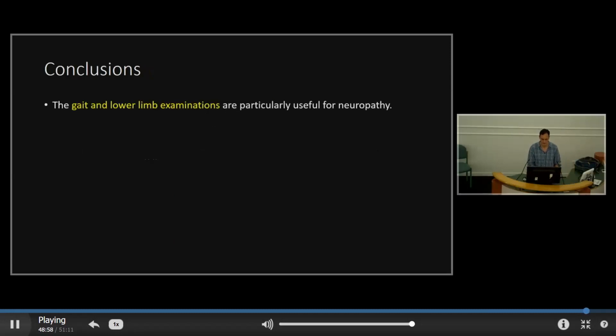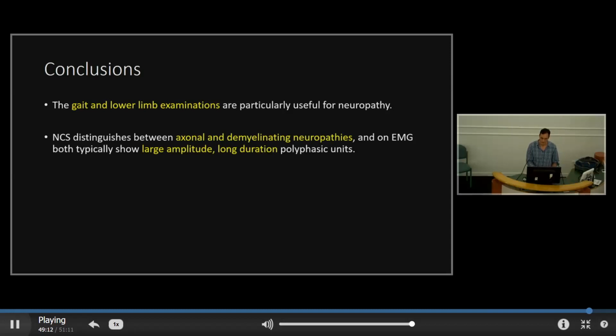Okay, neuropathy. So remember, I hope you appreciate that the gait is the most powerful examination in neurology. The lower limb exam is also very good, particularly in neuropathy. Nerve conduction studies, the main benefit is to tell you if that generalized neuropathy is axonal or demyelinating. They're very good for diagnosing the mononeuropathies, absolutely, but they really shine in terms of telling us if it's an axonal or demyelinating generalized neuropathy, because that will change our thought process on the diagnostics and the treatment.